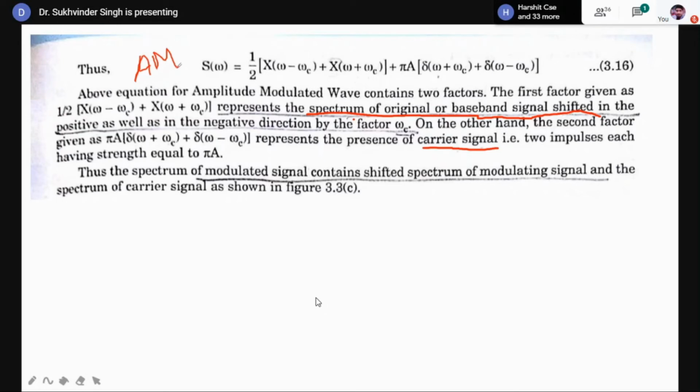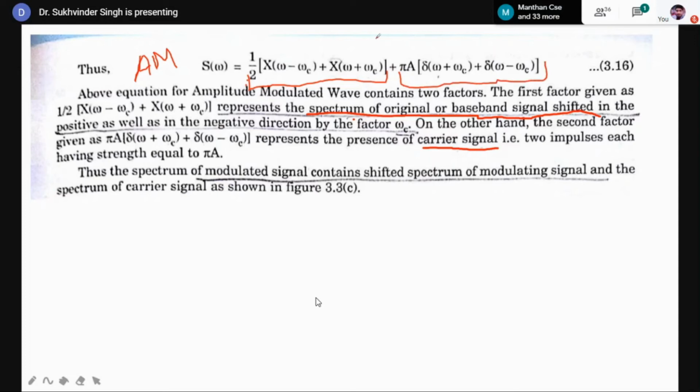After the superimposition of the modulating wave on the carrier signal, we get the amplitude modulated wave, which is equal to equation 3.16, and it has two parts. Each part represents a specific term which we will discuss now.